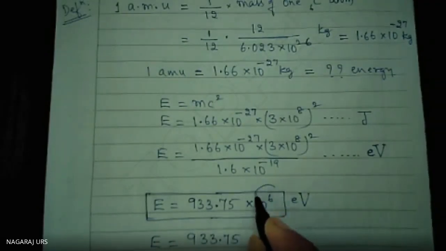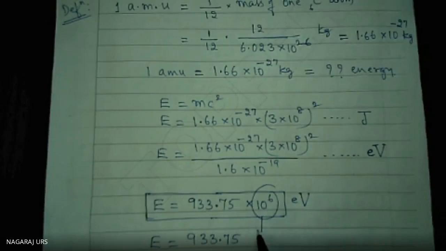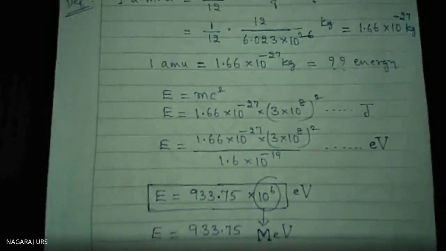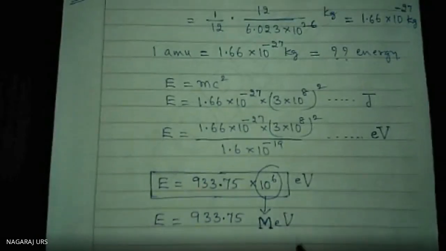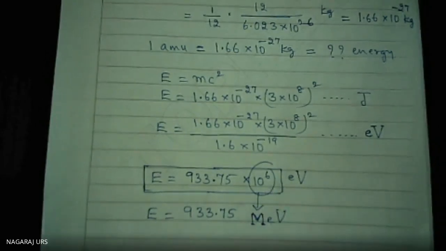In place of this, I will write capital M. Means million, mega, million. They are one and the same. Million electron volt. This is in terms of electron volt. This is in terms of million electron volt. One capital M means 10 to the power 6. Okay, finished.